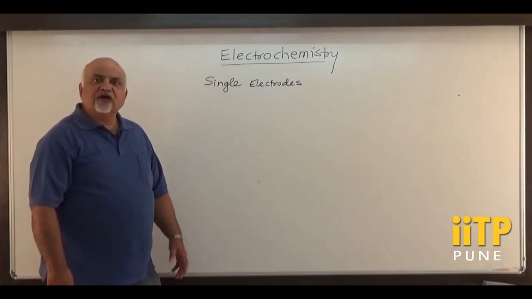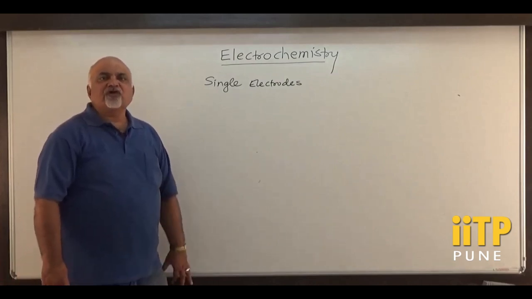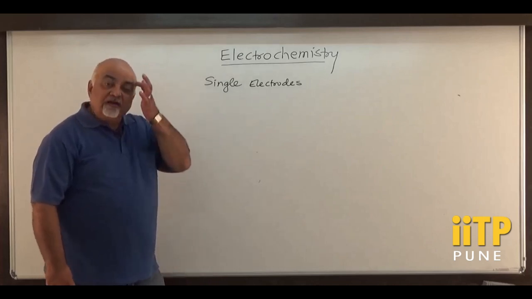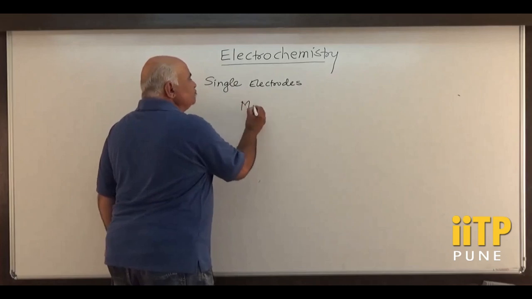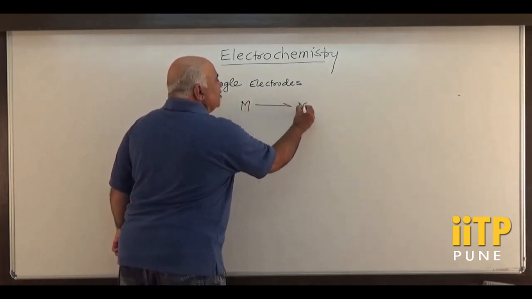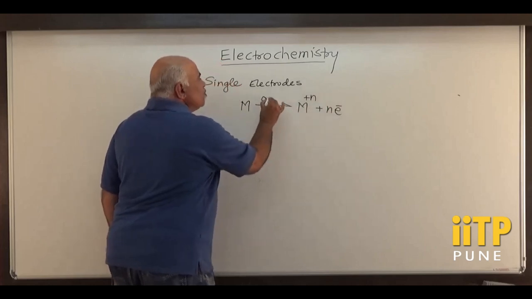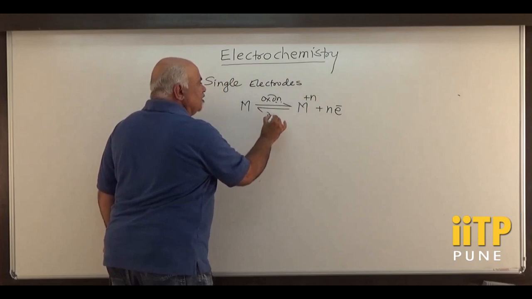Single electrodes are also having another word, half cell. Now, the question comes here, what they do? They have a potential to react with each other. So, if you take a metal, it will form metal ion with a loss of electron. The process called oxidation, and the reverse process is called reduction.